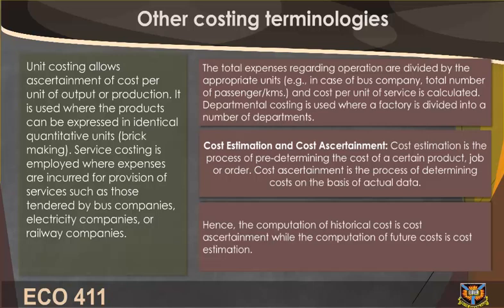Cost estimation and cost ascertainment. Cost estimation is the process of predetermining the cost of a certain product, job, or order. Cost ascertainment is the process of determining the cost on the basis of actual data. Hence, the computation of historical cost is cost ascertainment, while the computation of future cost is cost estimation.